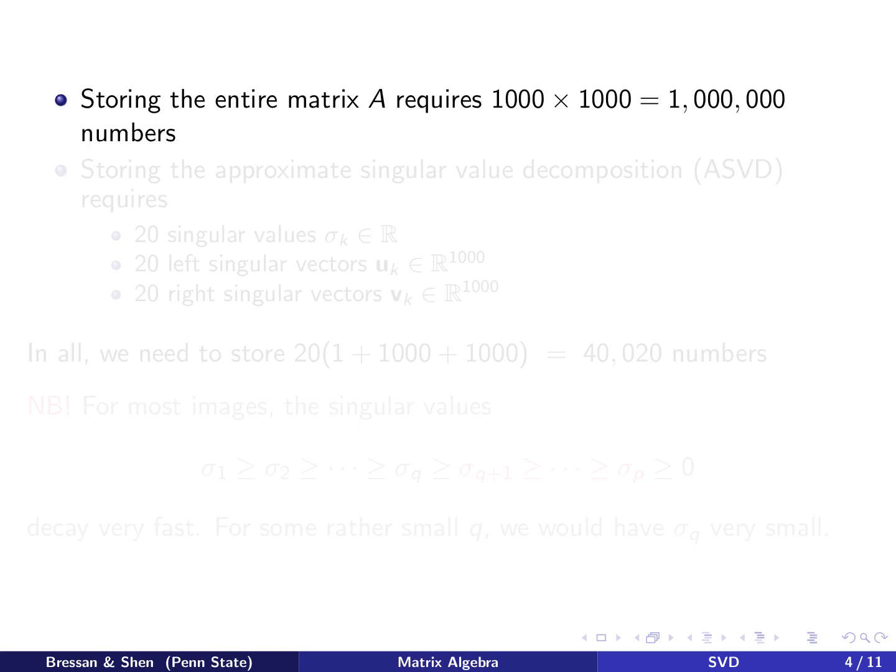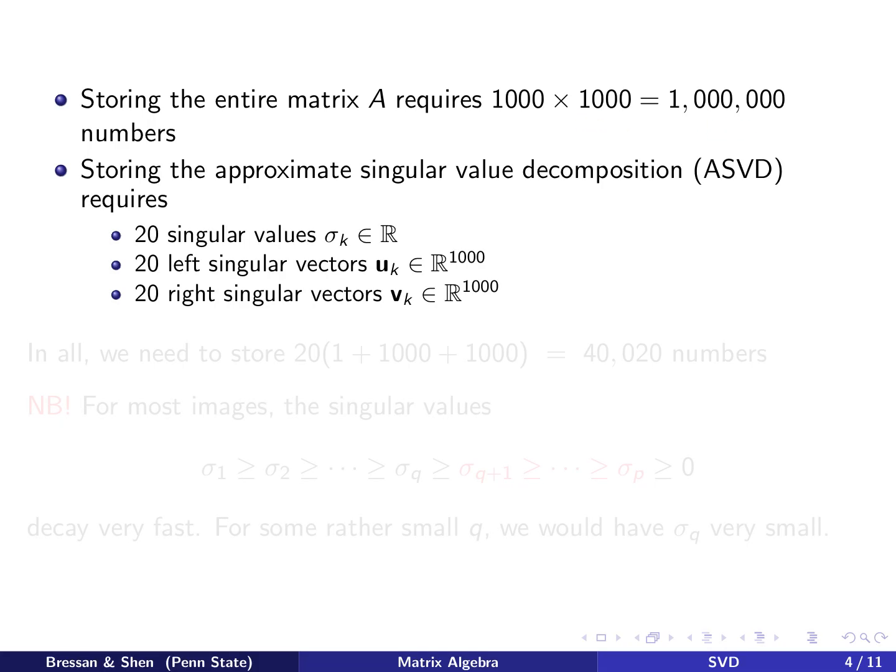Let's do a computation of how many numbers need to be stored. Storing the entire matrix A would require 1000 times 1000, which means 1,000,000 numbers. And then how much do we need to store this approximate singular value decomposition? Let's call it A SVD.